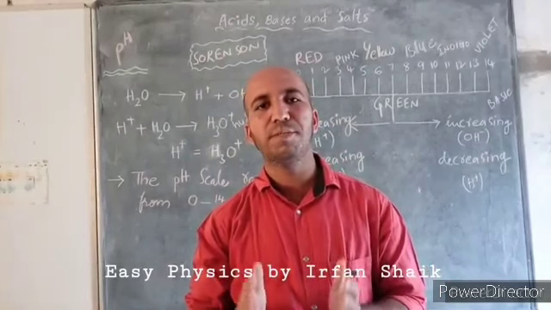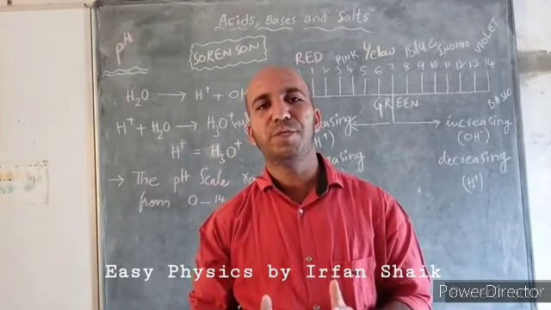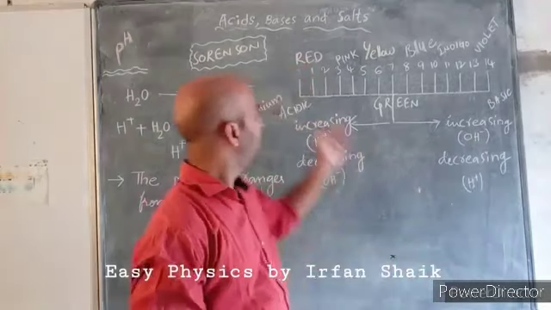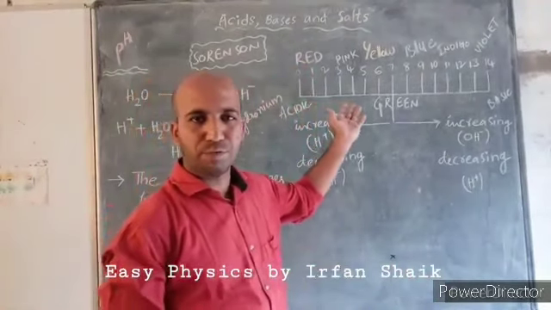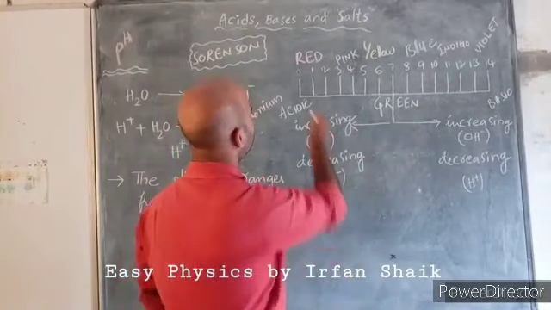That scale is called the pH scale. In that pH scale, the range is between 0 to 14. Here you can observe the pH scale. The range starts from 0 up to 14.